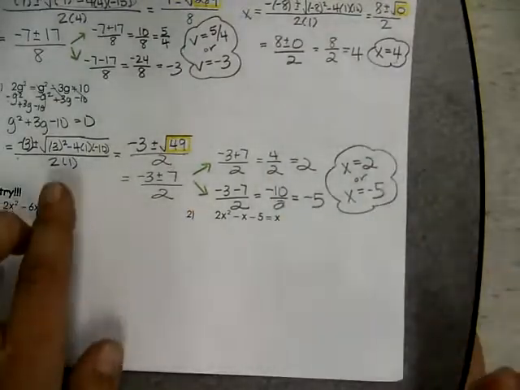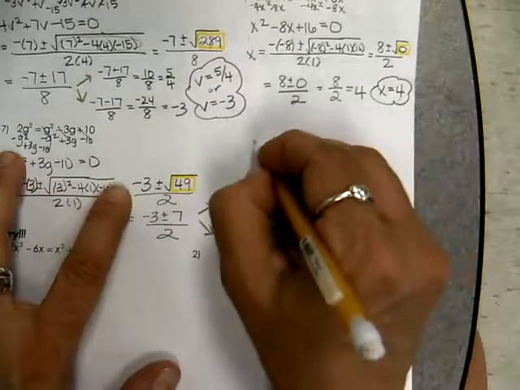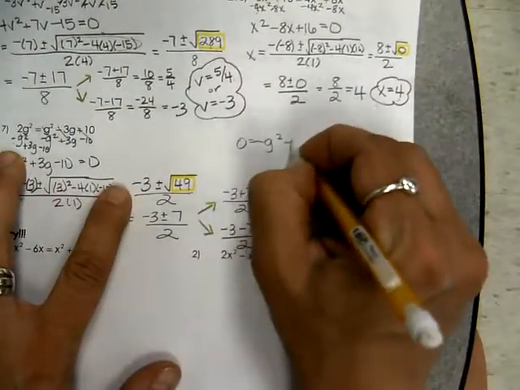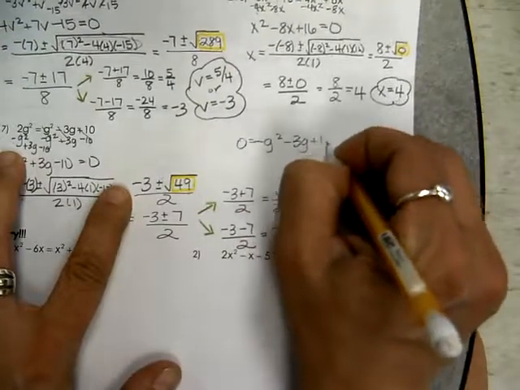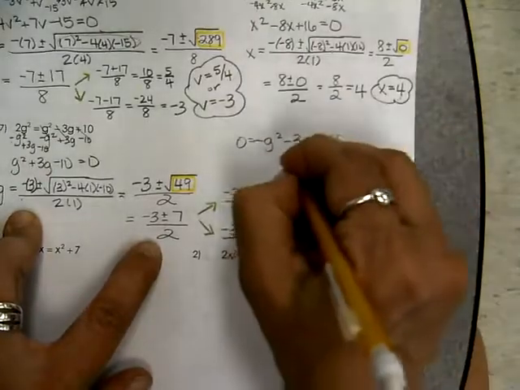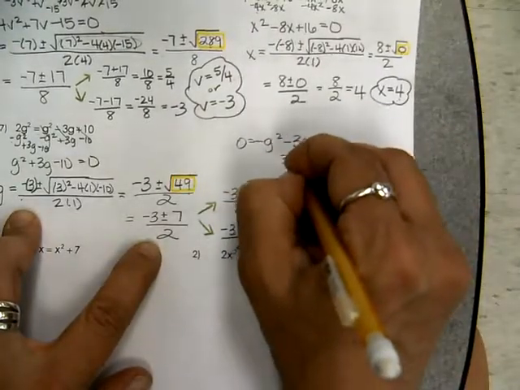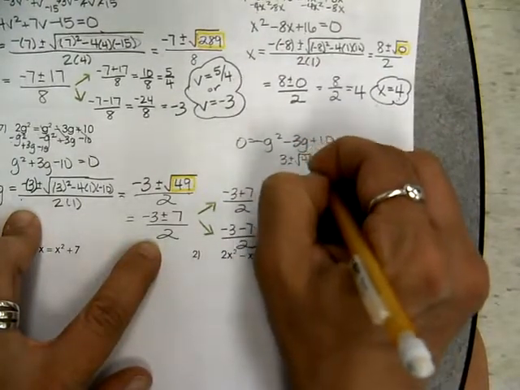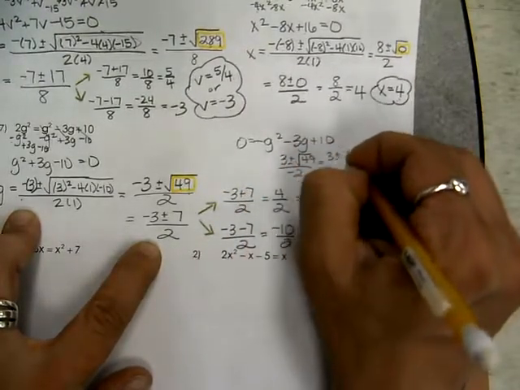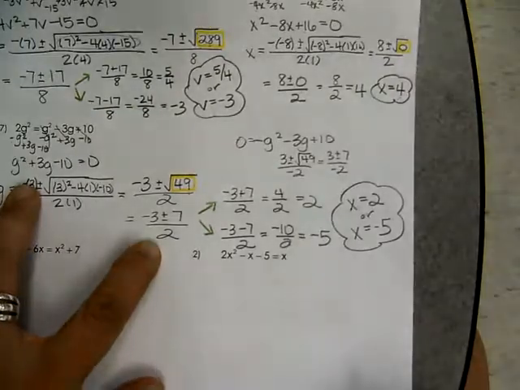If you had moved it to the other side and you had gotten 0 equals negative g squared minus 3g plus 10, when you got to this step, you would have gotten 3 plus or minus root 49 over negative 2, or 3 plus or minus 7 over negative 2.